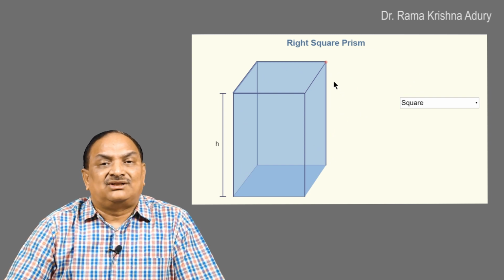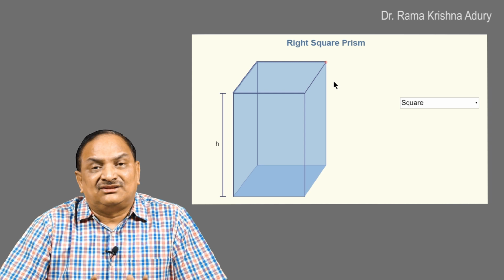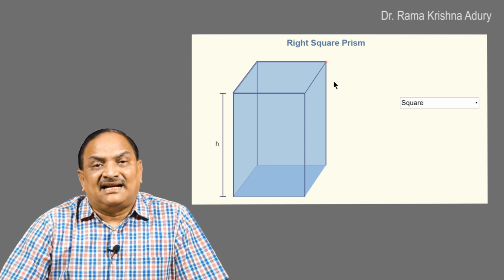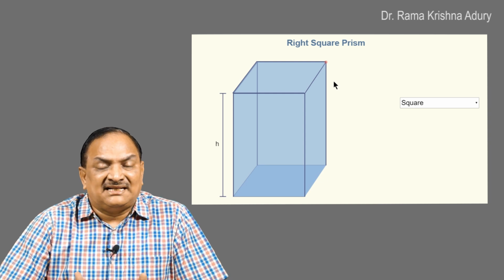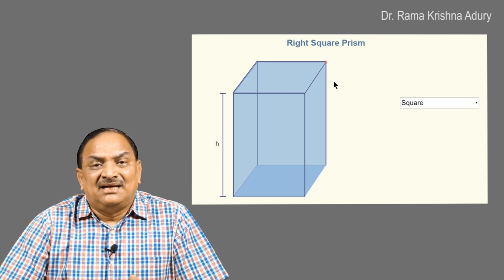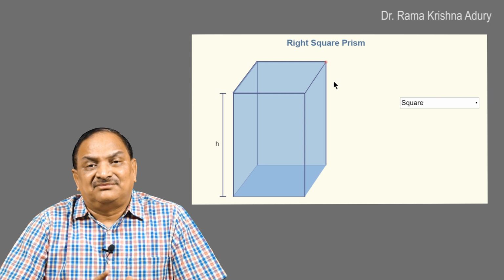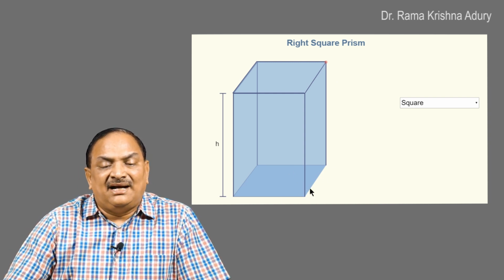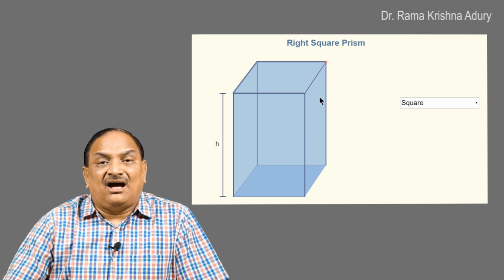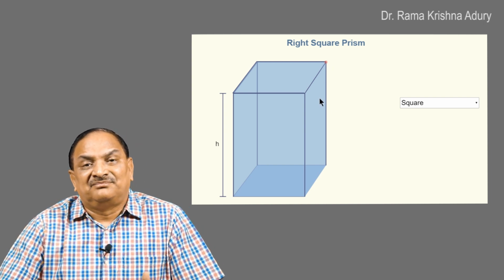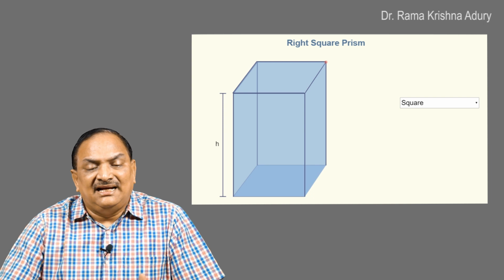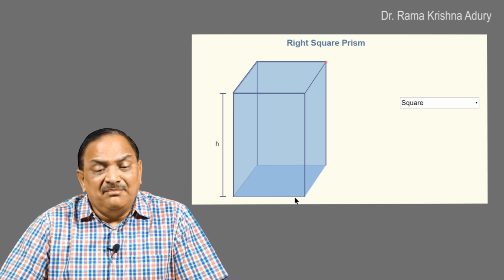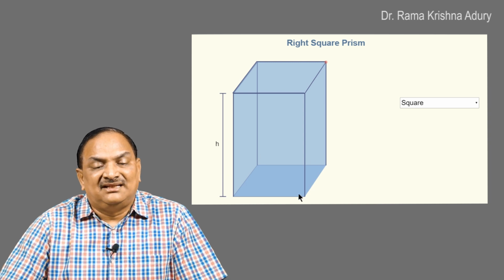How do you find out the areas for this particular prism? The lateral surfaces are rectangles. So each rectangle is the base times height. Okay, if you can say this is the breadth times the height. And how many do you have? 4 of them. So breadth times height and again breadth times height. Instead, you can say that perimeter of the base times the height.